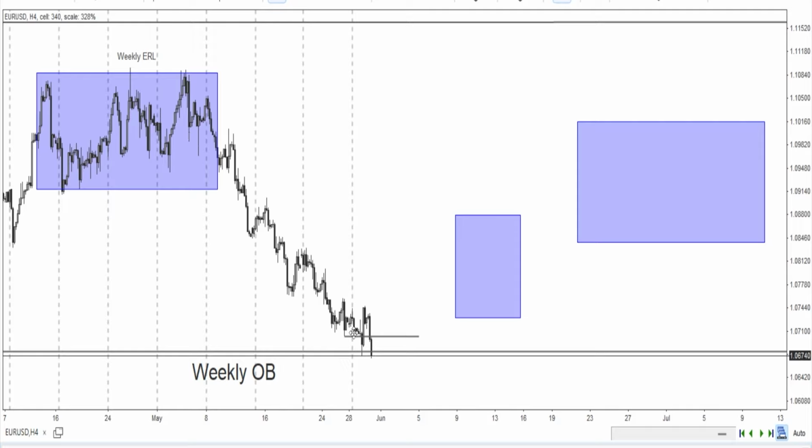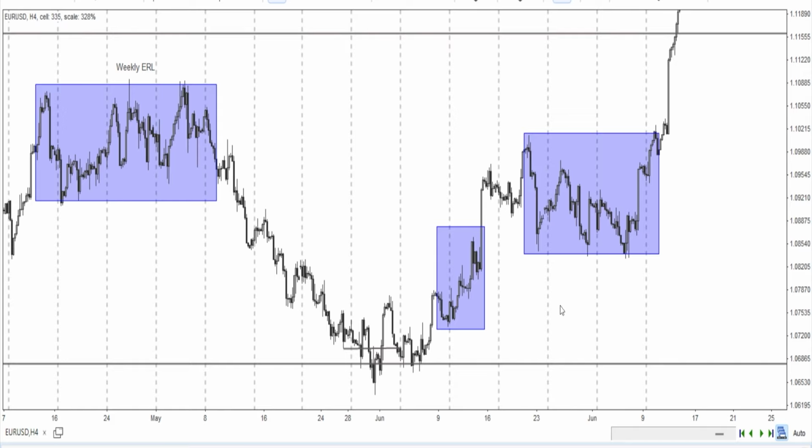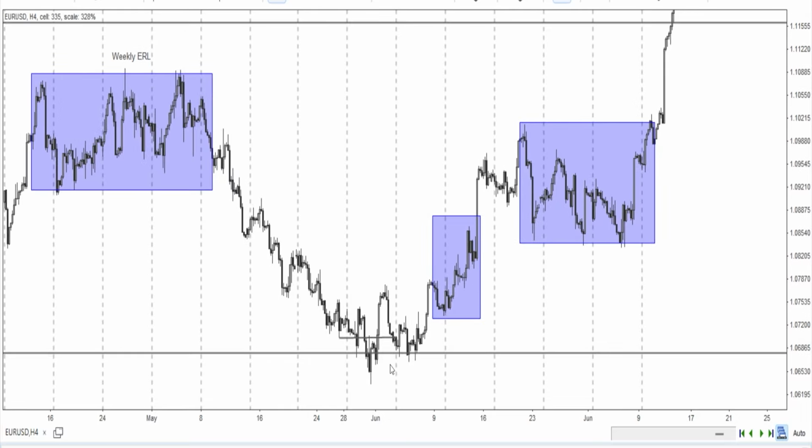So we are already in weekly discount and we have a nice weekly external range liquidity as a target. So this is after the 4-hour market maker buy model has played out. We'll zoom into this smart money reversal area and we'll talk about accumulation here.